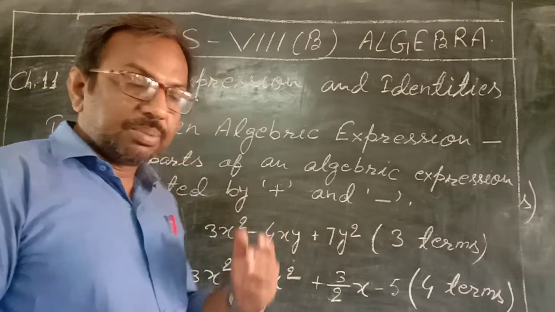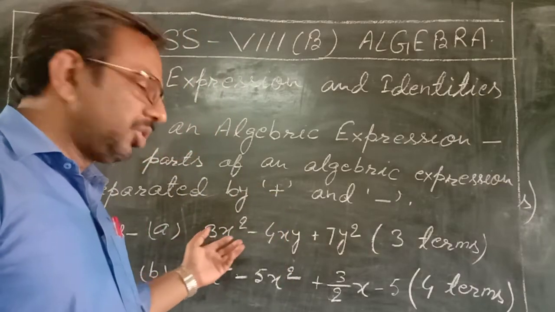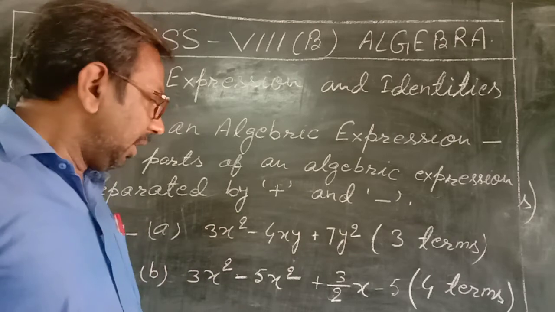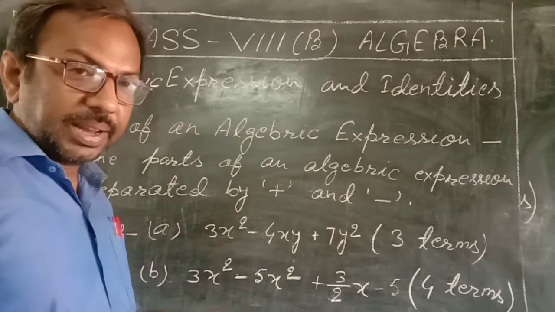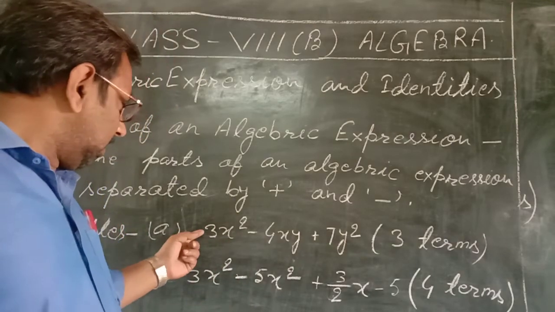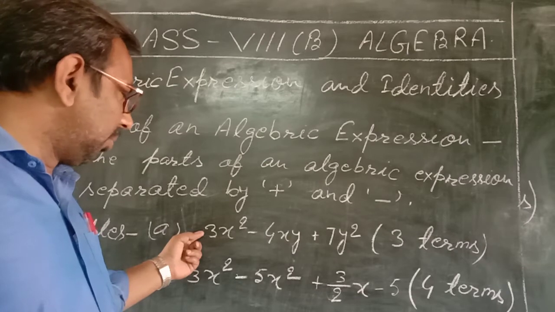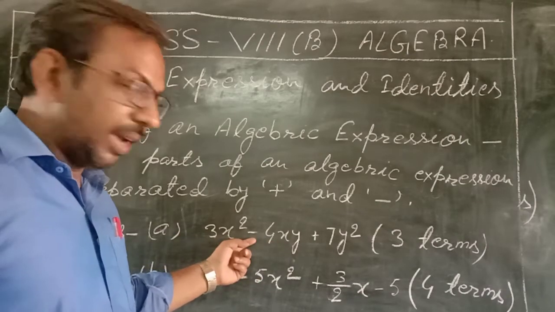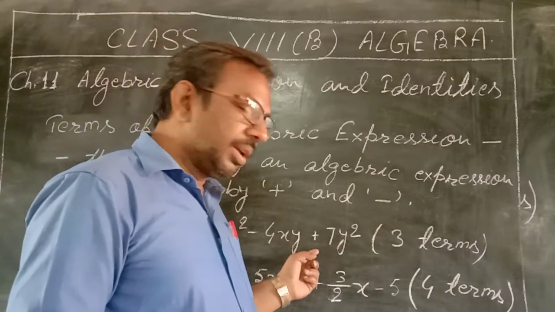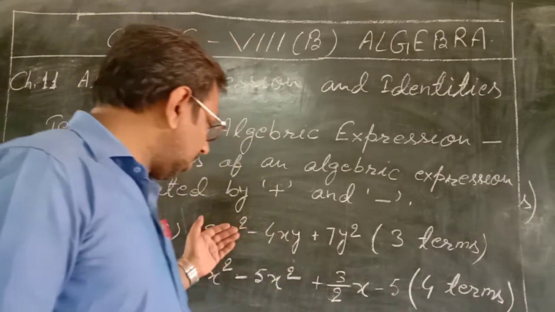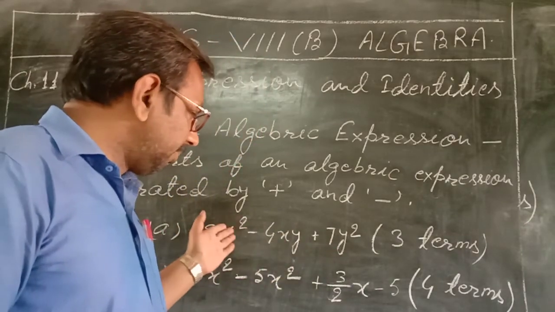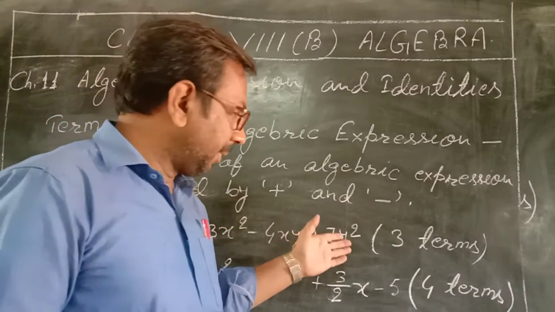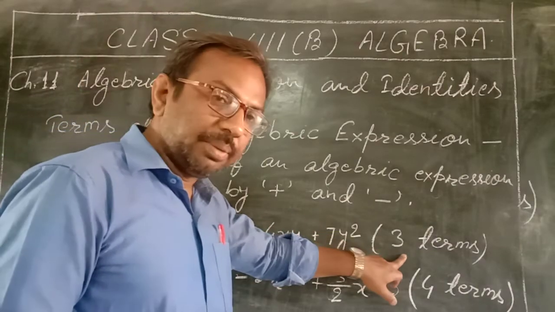These three terms are separated by different signs, plus and minus. Before 3x square no sign is written, so there is plus. Before 4xy minus, before 7y square plus. So these terms are separated by minus and plus signs, and the number of terms is 3.